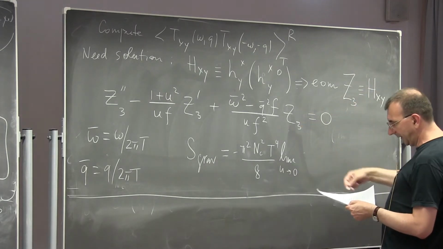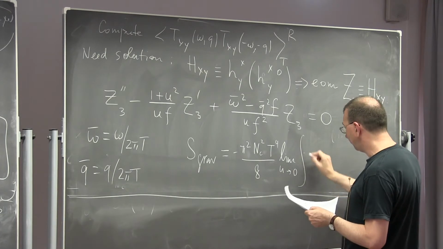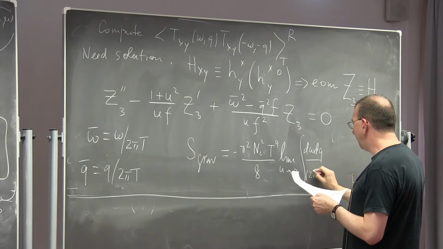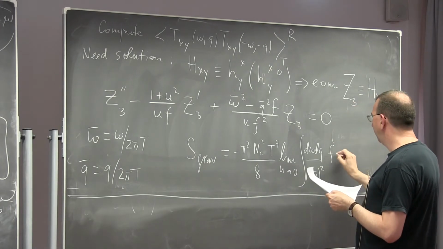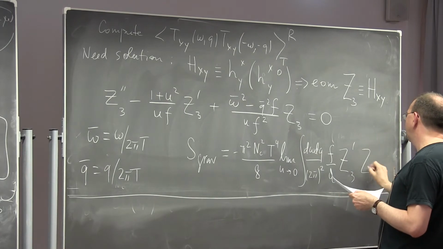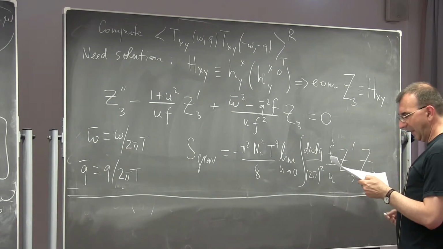You integrate by parts the action, what survives is a boundary term. And the boundary term contains this combination squared, so f divided by u, z prime free, z free, all right?